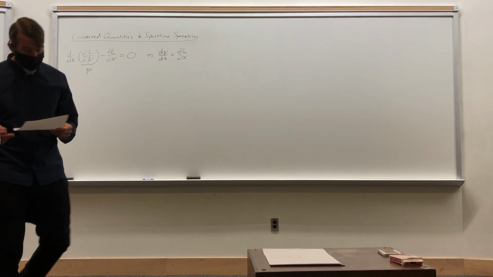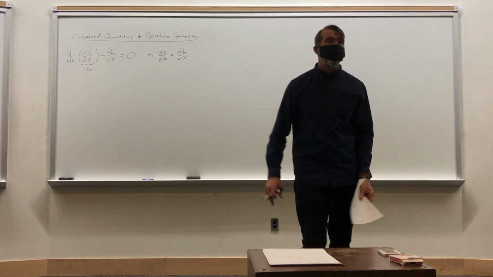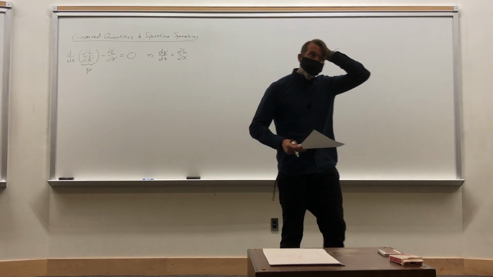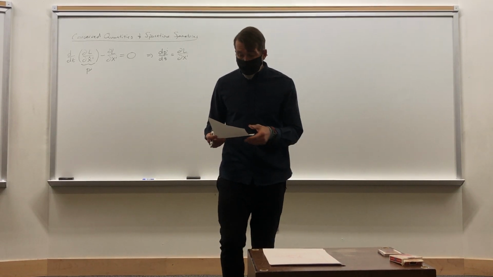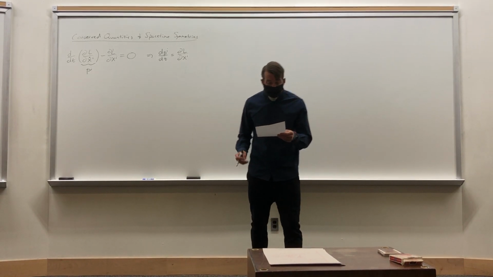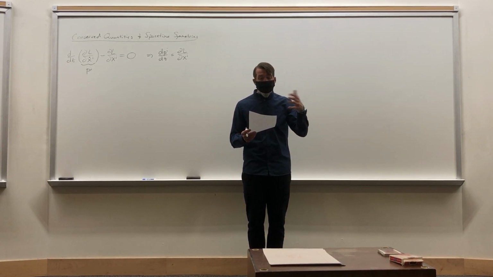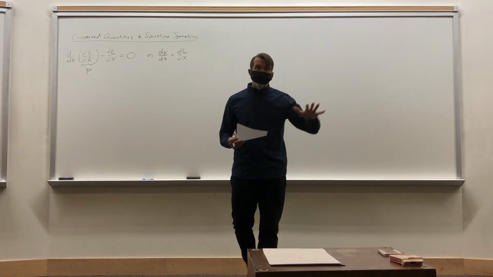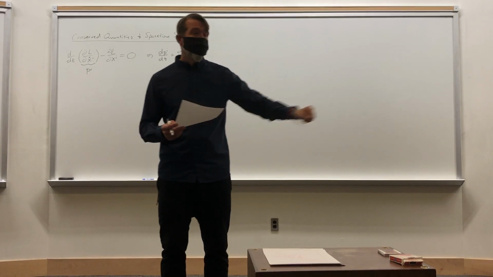Now, this is the simplest possible argument you can make for a conserved quantity. The more general argument is due to Emmy Noether, and this also applies to field theory calculations. Generically, what Emmy Noether proved is that if you have a continuous symmetry of an action, then that continuous symmetry will always give rise to a conserved current.